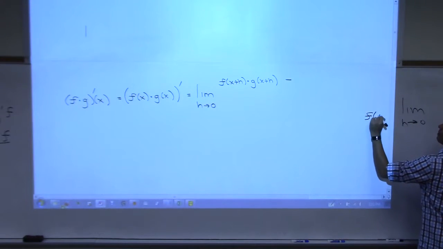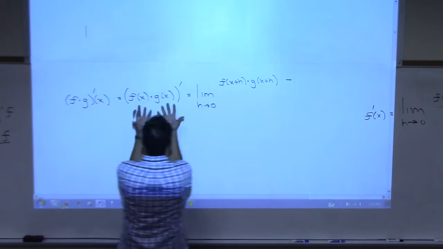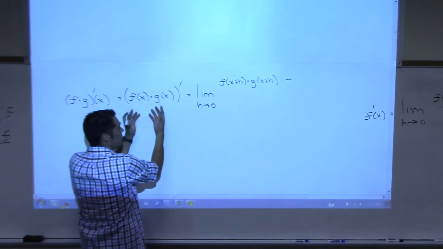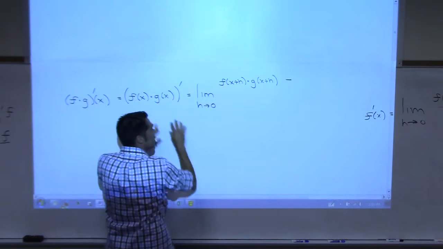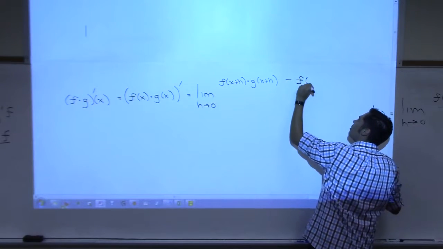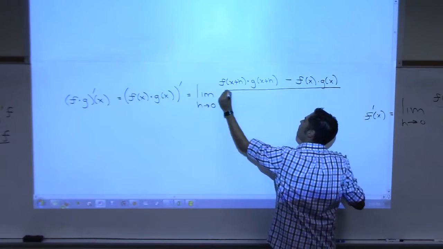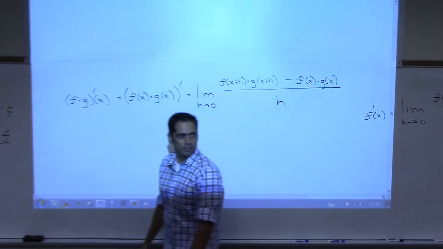If I said f prime of x was equal to this, that's the definition of f prime. All I did first was put x plus h into this function, then subtract x into the function. Here my function is actually the whole thing being multiplied, so when I plug x plus h in, I have to plug it into both. Then I subtract x being plugged into both, which would be f of x times g of x, all over h. Does that make sense?